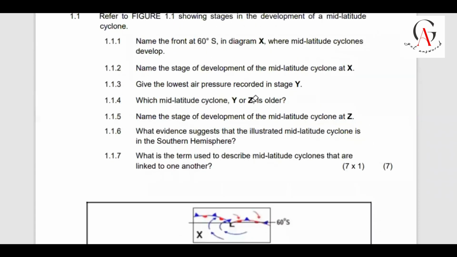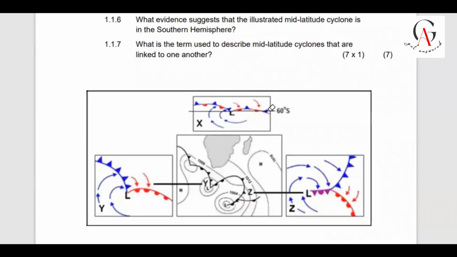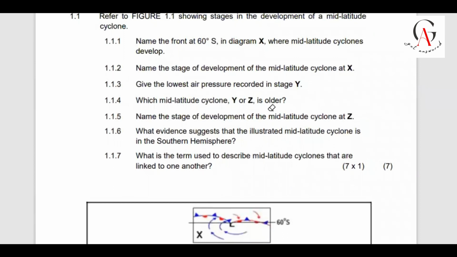All right. So our first question says, name the front at 60 degrees in diagram X where mid-latitude cyclones develop. Going back to our question, this is diagram X, which says to name the front at 60 degrees.